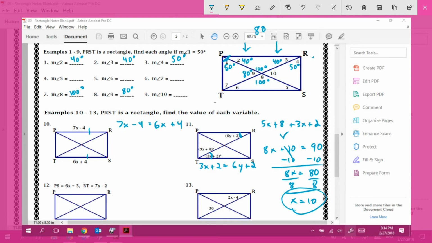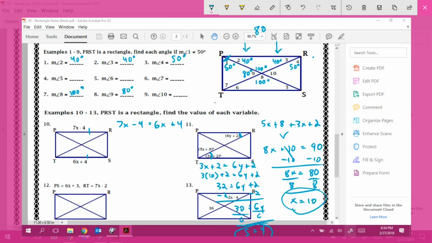I know that x is 10, so I'm going to substitute that in. 3 times 10 plus 2 equals 6y plus 2. That's 32 equals 6y plus 2. I would subtract 2 from both sides. 30 equals 6y. Divide by 6 on both sides. And 5 equals y. So I've got 10 for x and 5 for y.